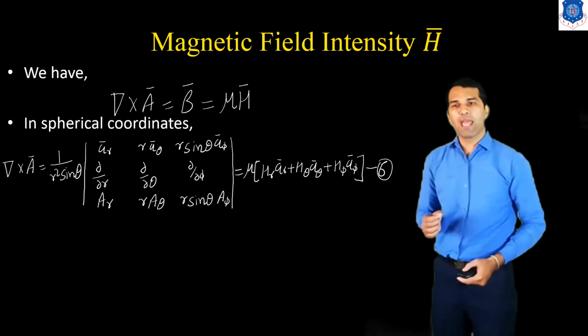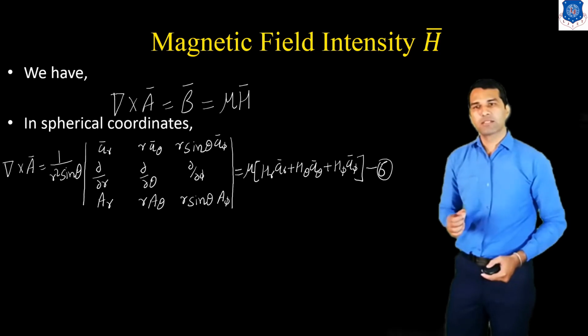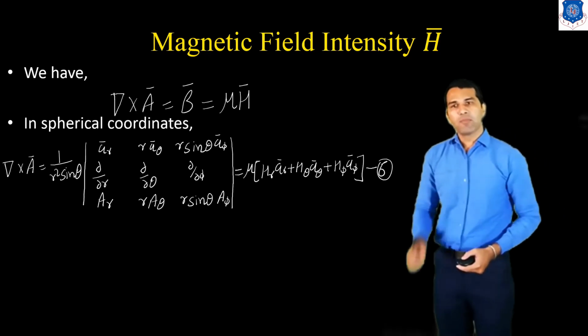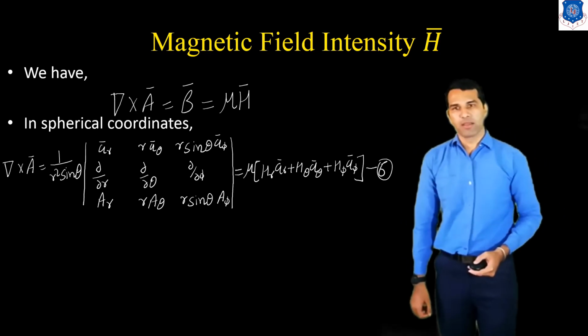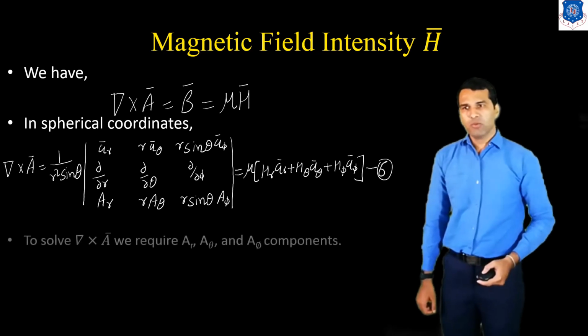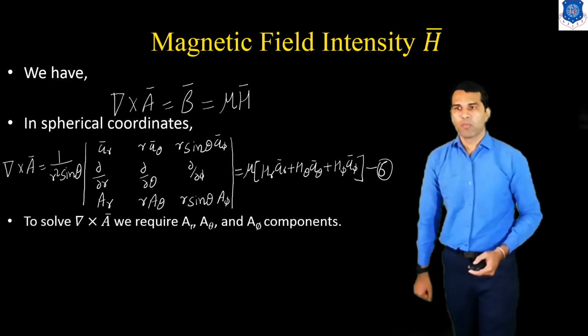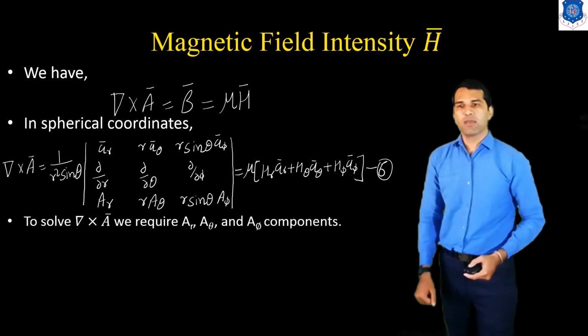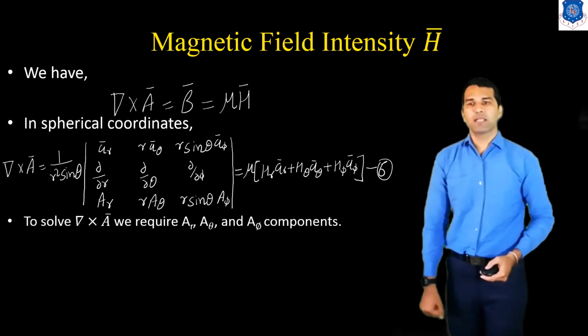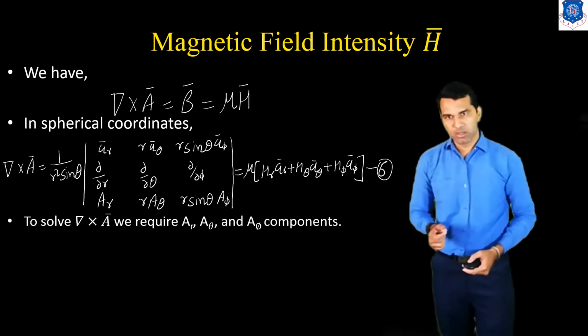So here we write H_r a_r plus H_theta a_theta plus H_phi a_phi. Now we solve this equation. So to solve del cross A, we require the A_r, A_theta and A_phi components.